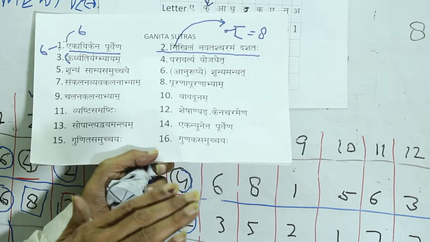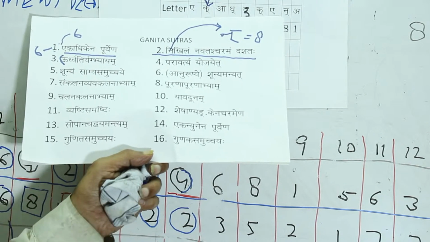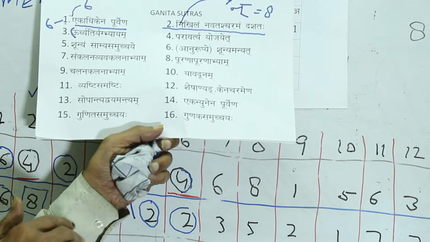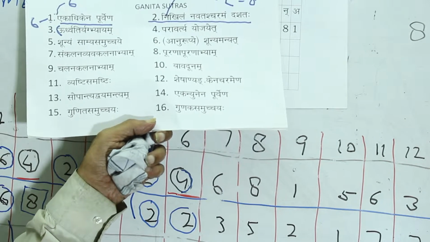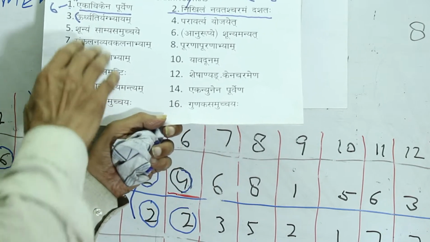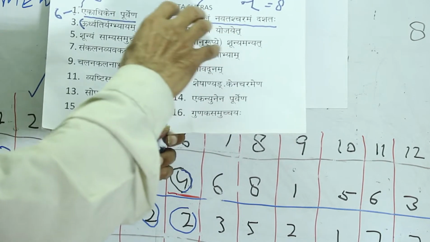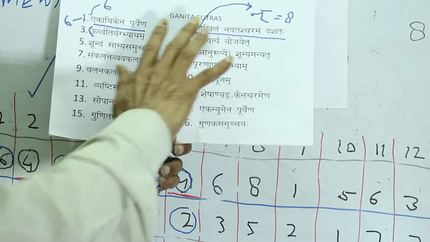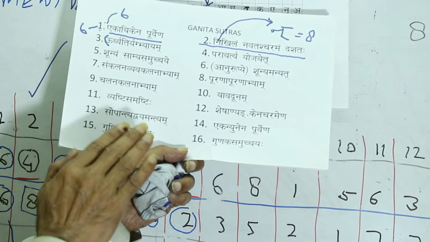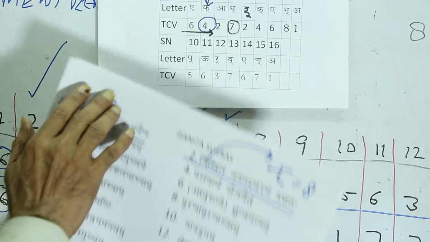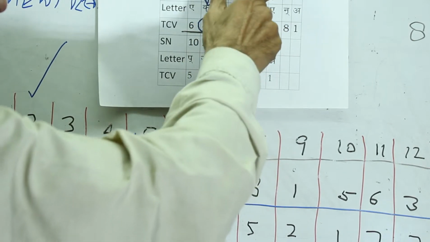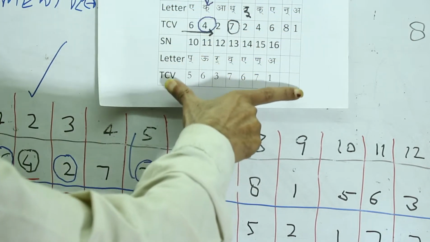Ganita Sutras mathematics is a mental mathematics, as the entire text of Ganita Sutras can be memorized just in a few recitations. Therefore, when we have everything printed in our mind, the second step is that we have to reach letter by letter the text of Ganita Sutra 1.